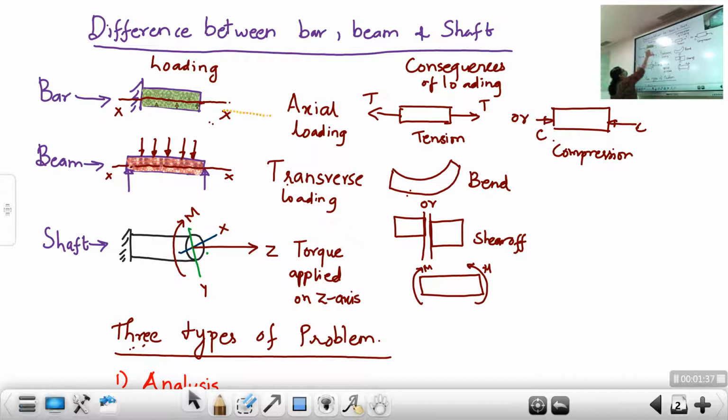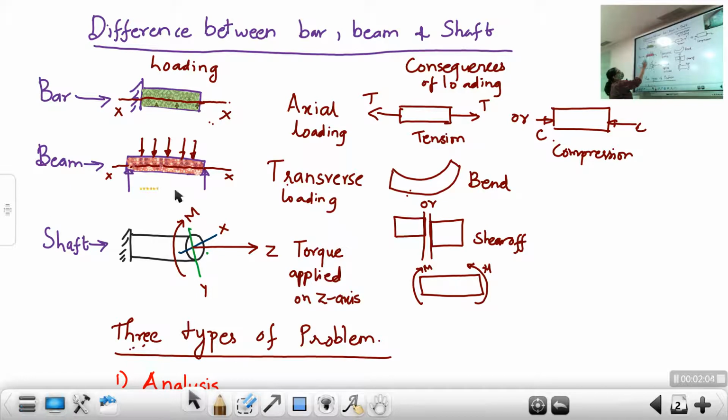On applying this load along the x-axis, the bar may undergo tension or it may undergo compression. So this happens when the loading is axial loading, and that happens in the case of a bar element.